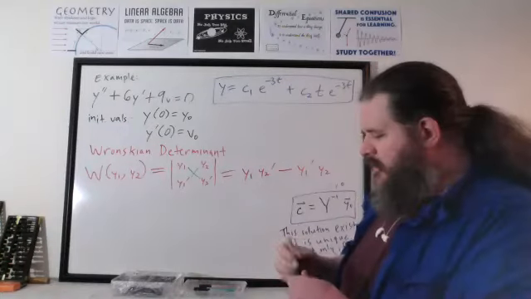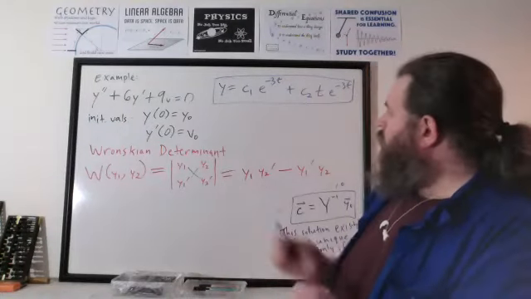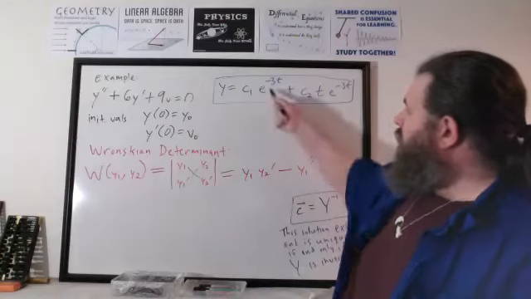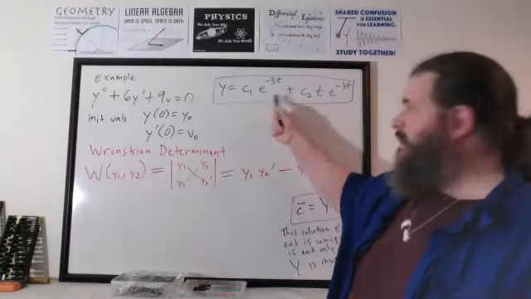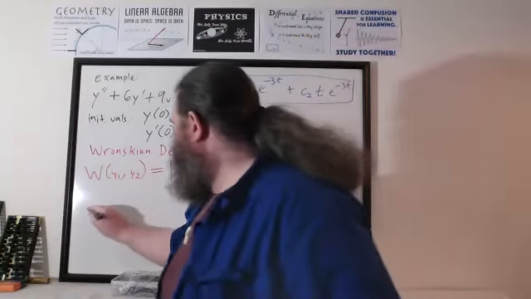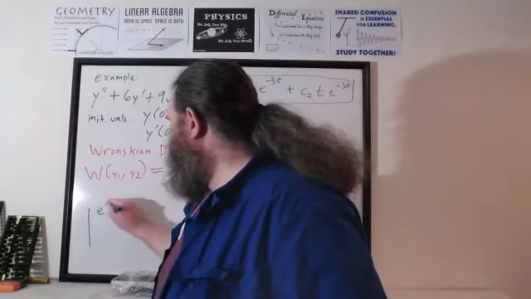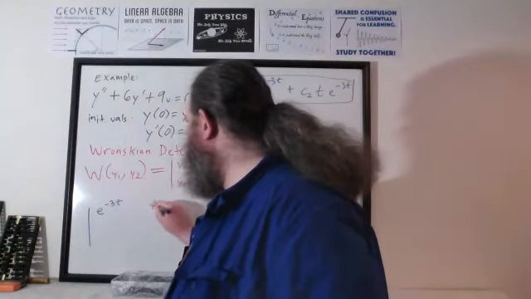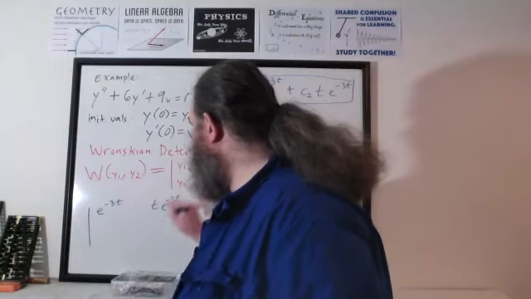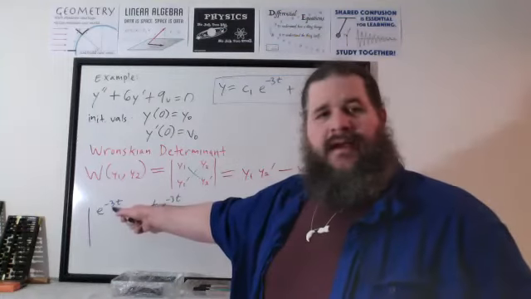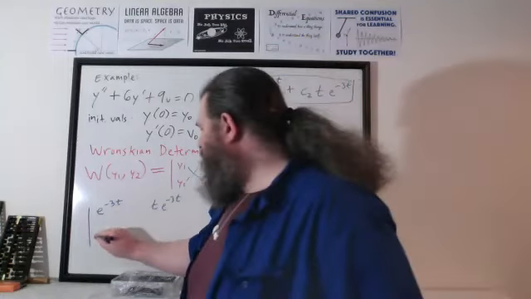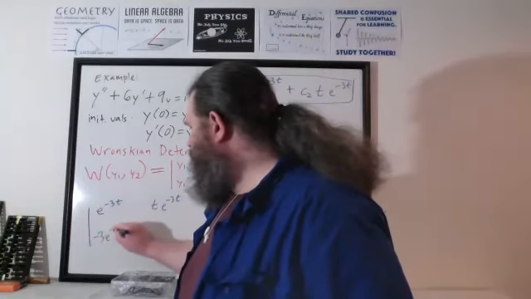In this situation, we're looking for the Wronskian determinant of these 2 functions, e to the negative 3t and t e to the negative 3t. So e to the negative 3t, t e to the negative 3t. Derivative of e to the negative 3t would be negative 3 e to the negative 3t.